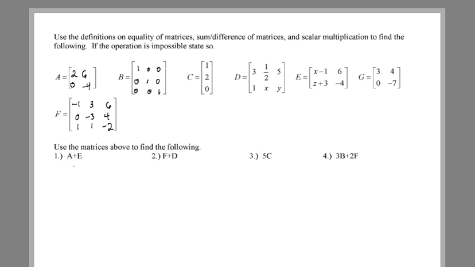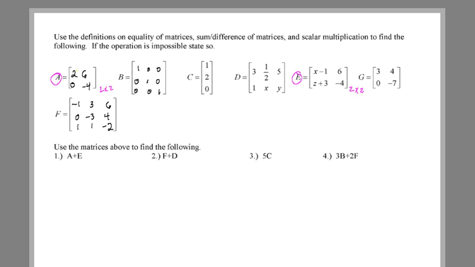So the first thing is we want to find matrix A plus matrix E. Let's find that result. Here's matrix A, here's matrix E, and I want to add those up. First thing I've got to decide is, are they the same size? A is a 2 by 2, E is a 2 by 2, so they're the same size, so I can add those together. Now if I go to the previous page, it said to add matrices, I'm just going to add corresponding entries.